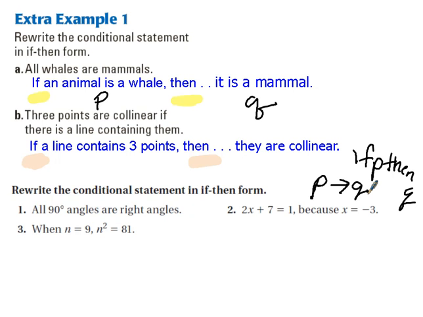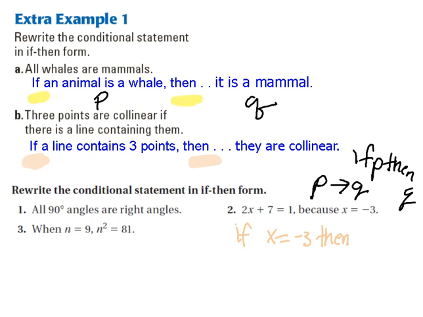Let's look at numbers 2 and 3 on rewriting the statements in if-then form. Let's look at number 2 to start with. Number 2 says 2x plus 7 equals 1. We can write that as a conditional statement as if x equals -3, then, oops, I did it backwards.